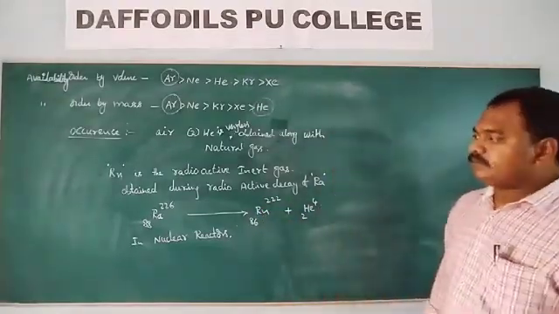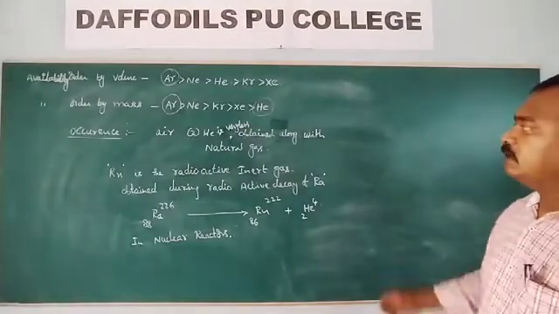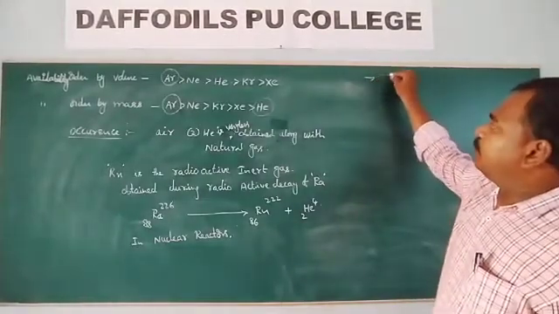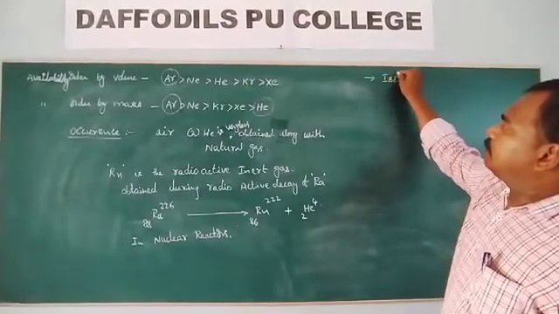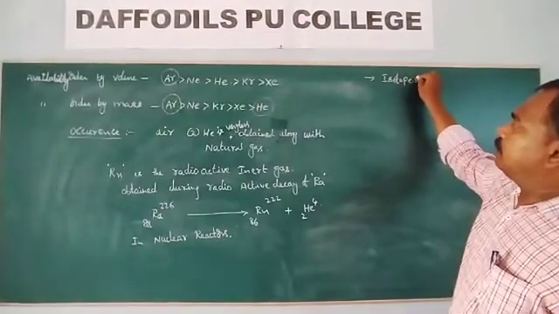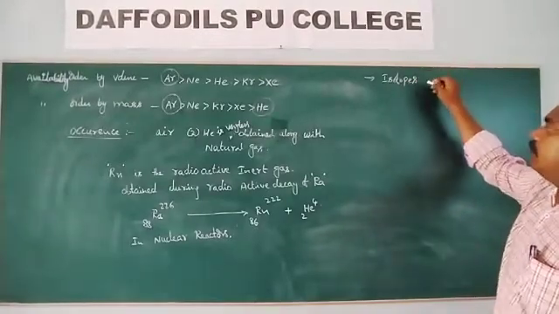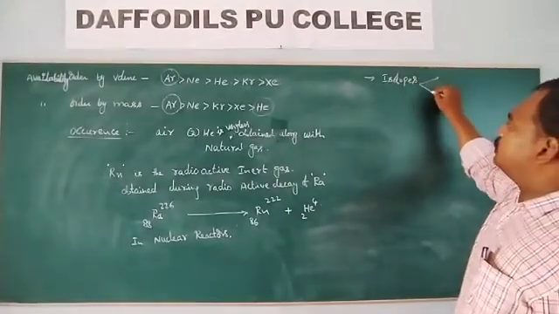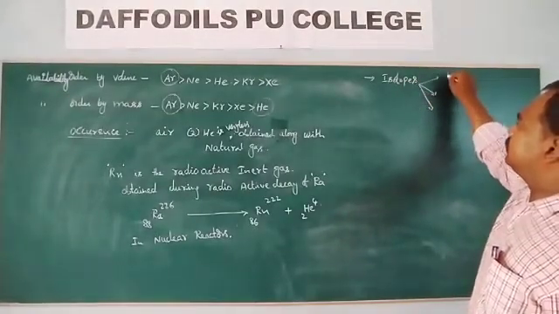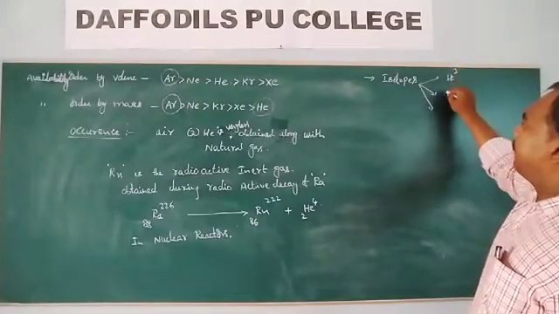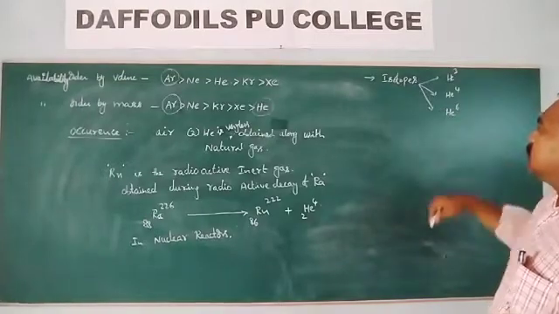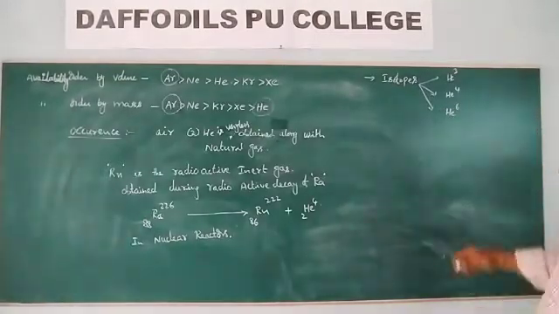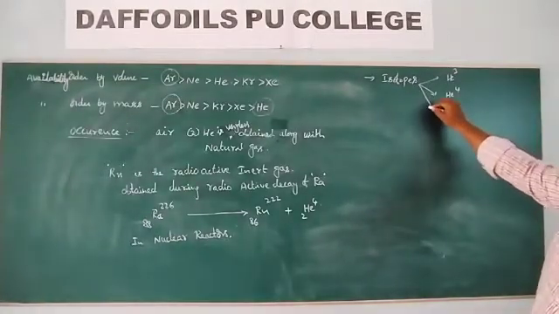So this is the occurrence of inert gases. Now look at helium. Helium is available in three different isotopic forms: He-3, He-4 and He-6. He-6 is highly radioactive.